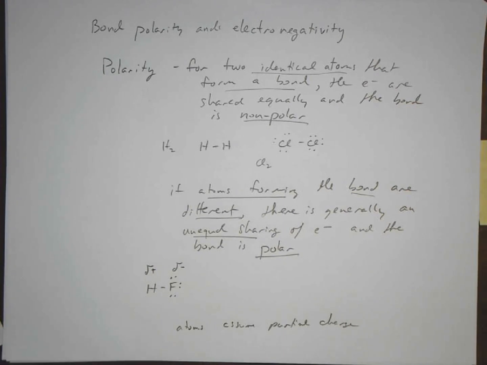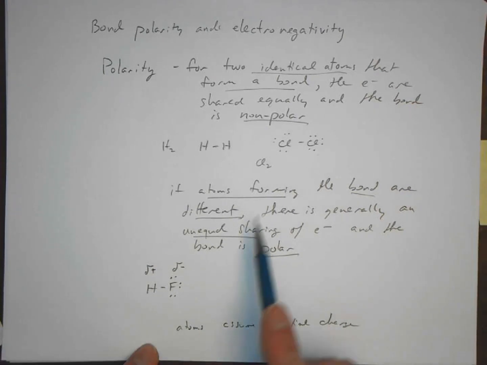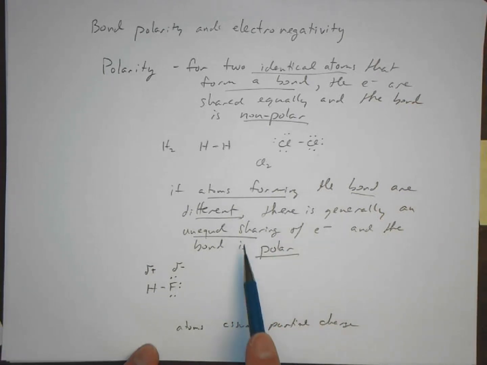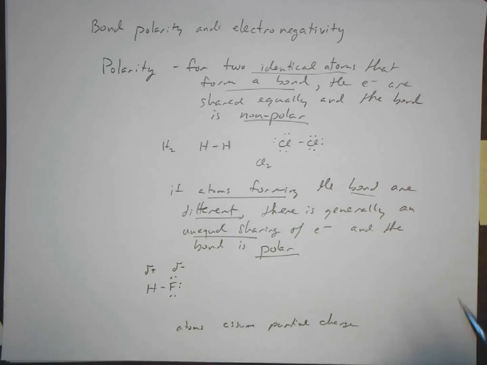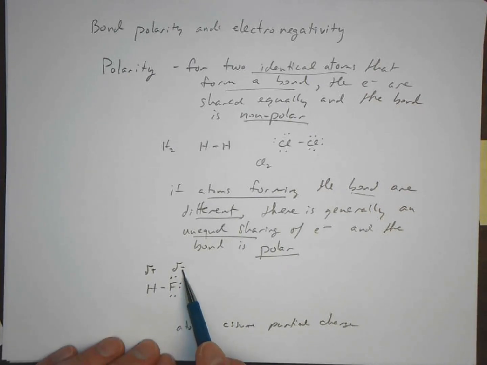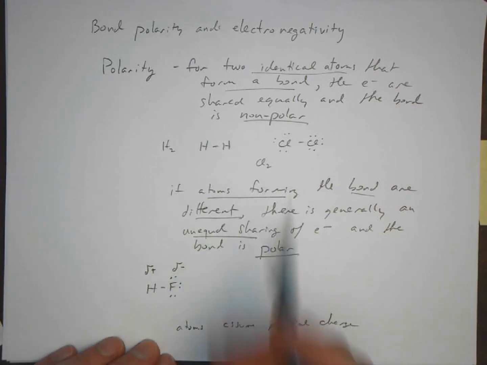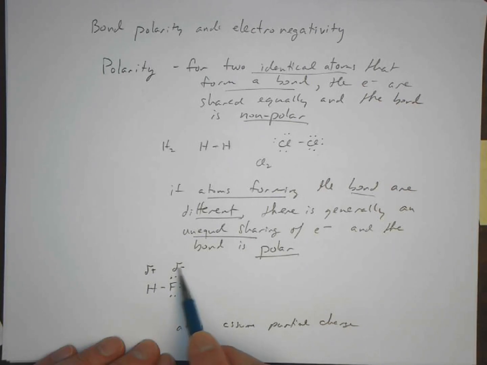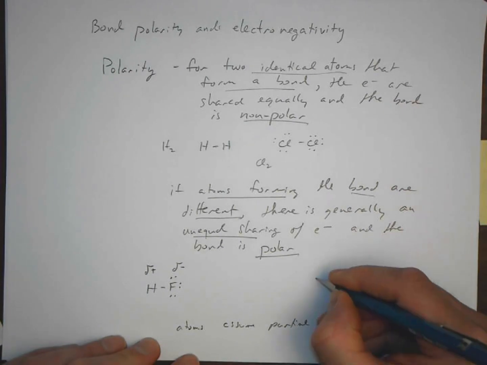So we're just illustrating that, okay, if we have different atoms forming a bond, the bond is polar. How is the bond polar? Well, the fluorine is going to have more electrons around it. We would call it a delta negative charge, a small negative charge, whereas we'd have a delta positive charge on the hydrogen.